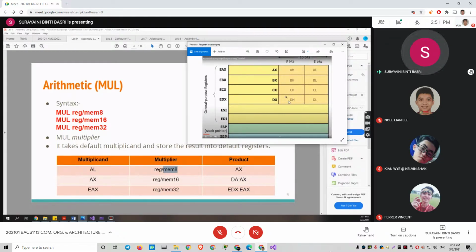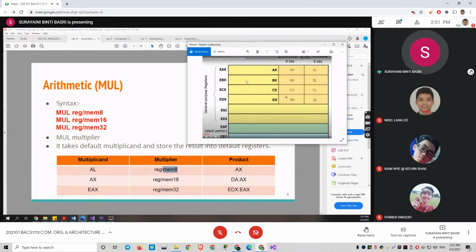After that, if we do multiplication for 32-bit numbers, it will also be stored in two locations, which are EDX and EAX. EAX is 32 bits and EDX is 32 bits.